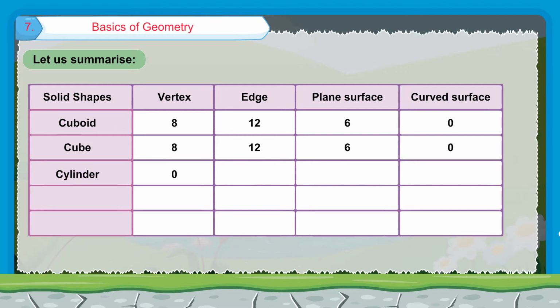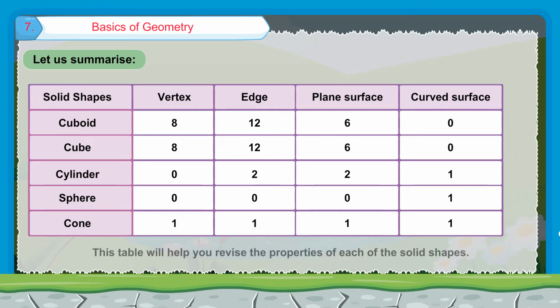Cylinder: 0, 2, 2, 1. Sphere: 0, 0, 0, 1. Cone: 1, 1, 1, 1. This table will help you revise the properties of each of these solid shapes.